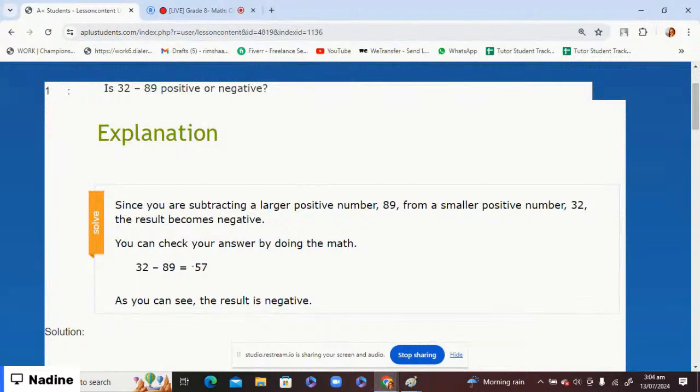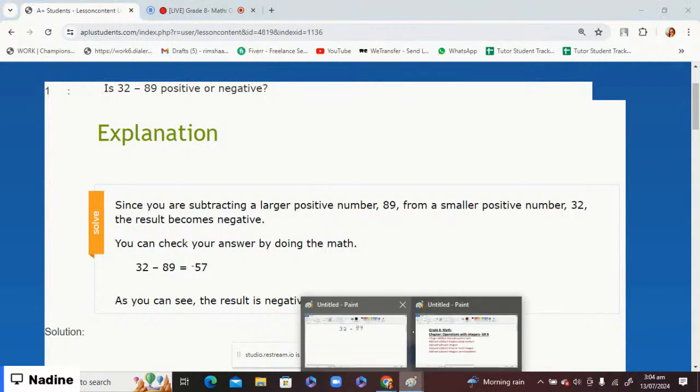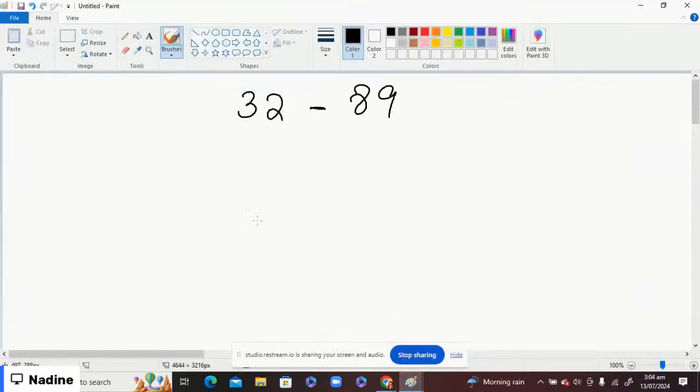So 32 minus 89. Look here: what is 32 and what is 89? In between these two there is a negative sign, so it means that you are going to subtract.